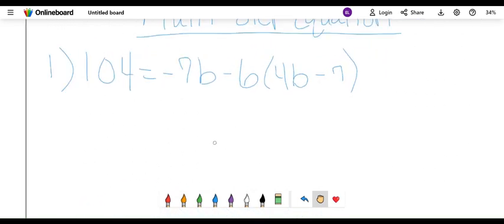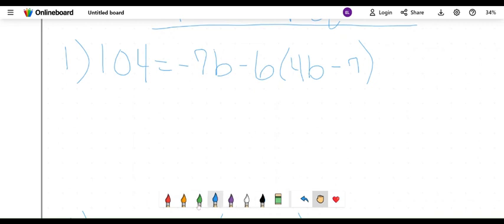Okay, here we are. The first thing we have to do to solve this problem is distribute first. So first, let's carry down everything: 140 equals negative 7b minus, but don't bring this down. We have to distribute first. So here it is.